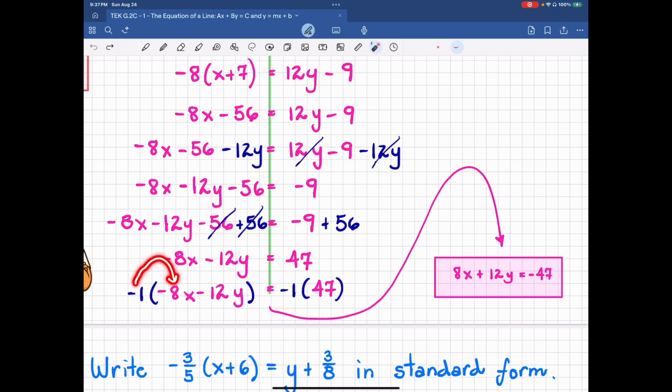Negative 1 times negative 8x is a positive 8x. Negative 1 times a negative 12y is a positive 12y. A negative 1 times a 47 is a negative 47. So the equation of this line in standard form is 8x plus 12y equals negative 47.